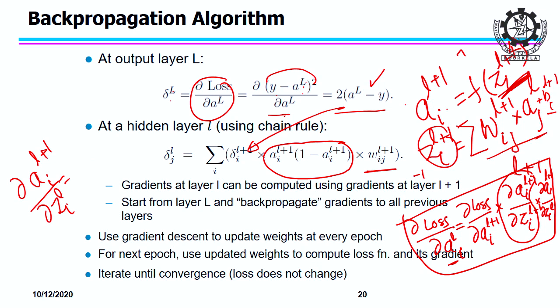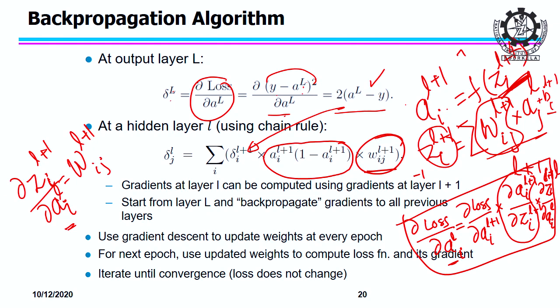Only this part will be there, with respect to A_i^L, in Z_i^(L+1). So, if you take this with respect to L, only this part will be there. So, this will be W_ij^(L+1), and that is coming here. Okay, I stop here.